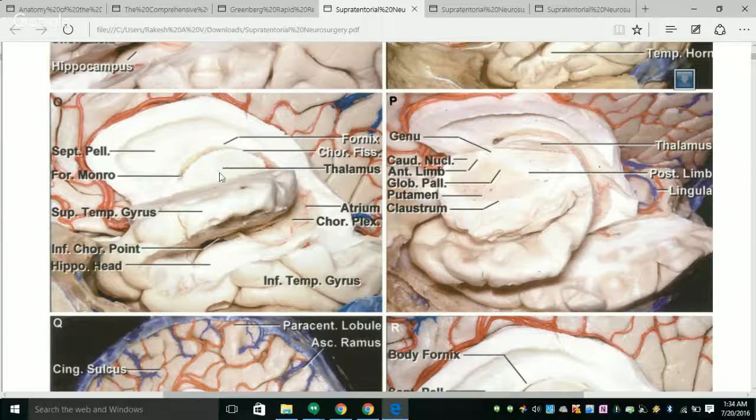Now in O, the pre- and post-central gyri have been removed while preserving the superior temporal gyrus.